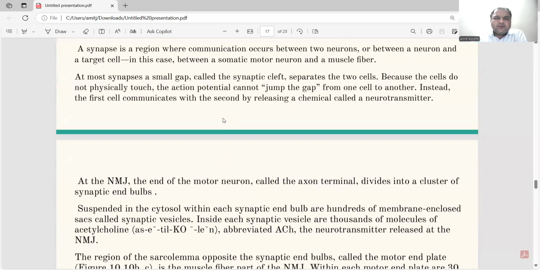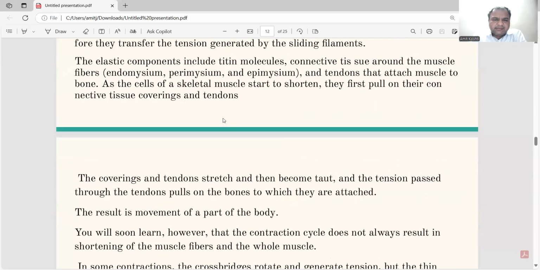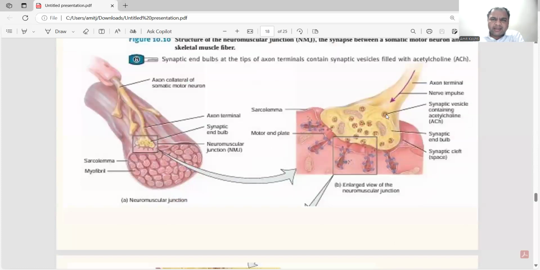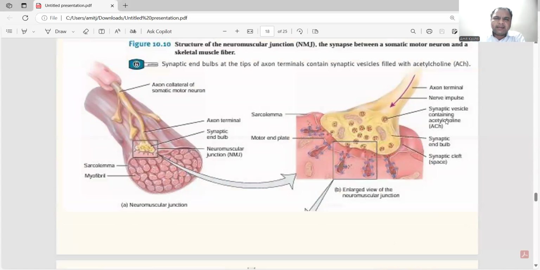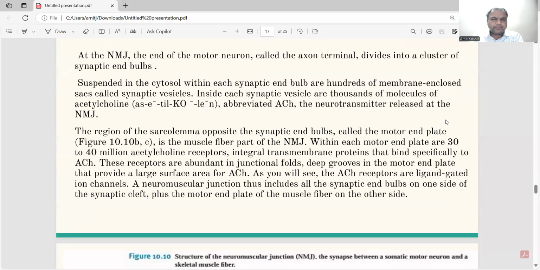I have already shown you, but let me show you again. Here, this is the synaptic end bulb, and within it there are hundreds of synaptic vesicles containing acetylcholine, as is written in the text.